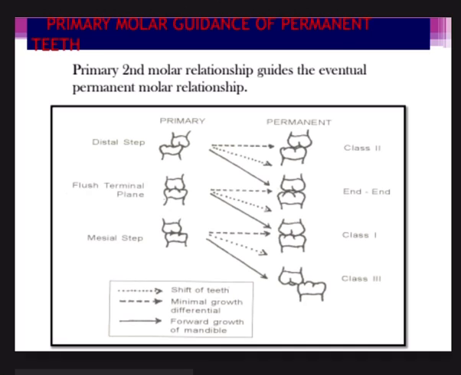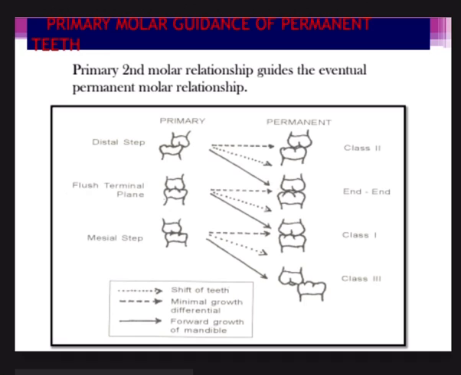If it is undergoing a normal forward growth of the mandible, then distal step will become an end to end relationship, class 2 end to end. If there is utilization of shift of teeth in distal step, it will lead to class 2. And if there is minimal growth differential, it will be somewhere in between class 2 and end on relationship. That is what you have to keep in mind.